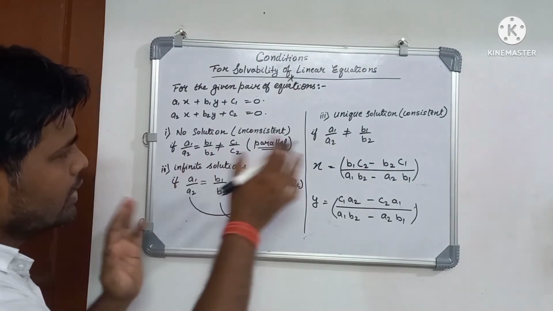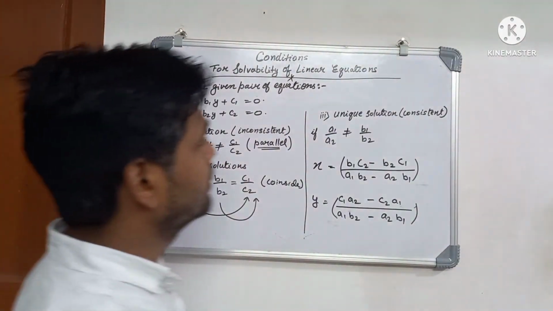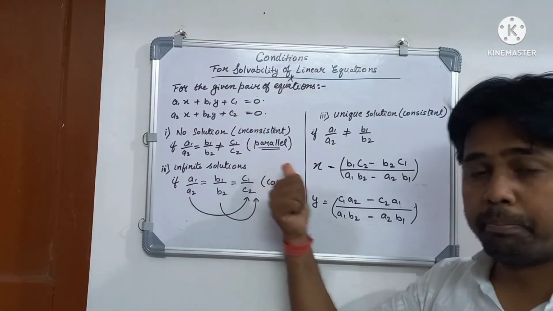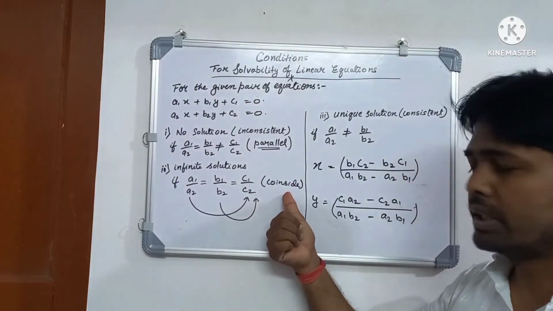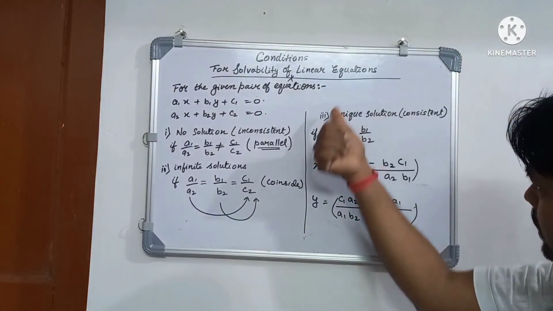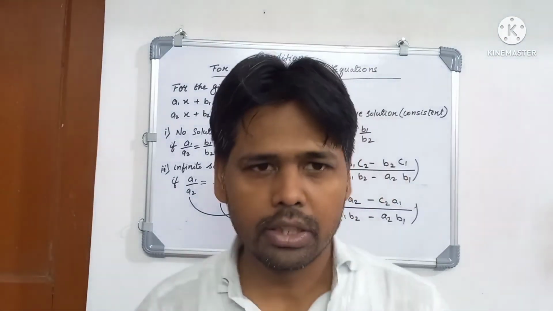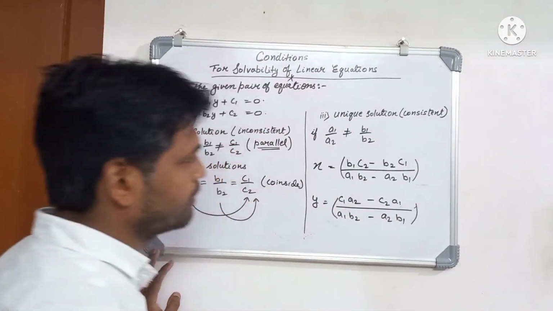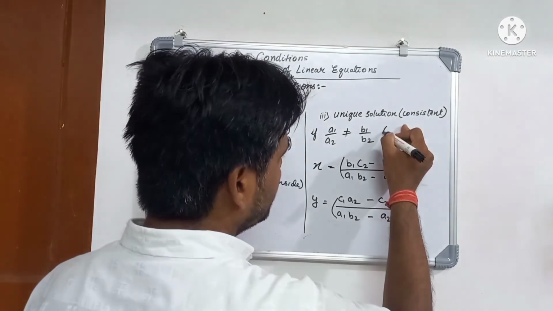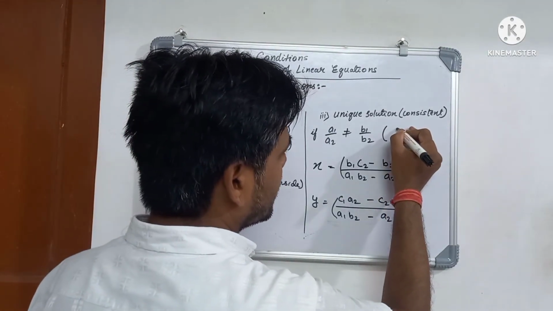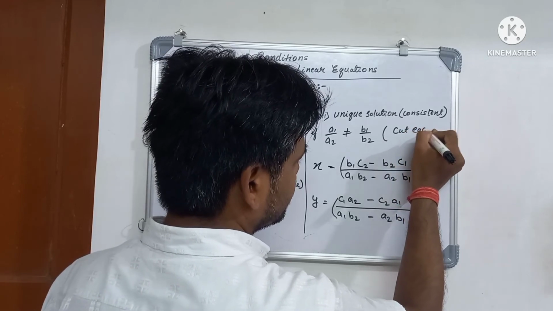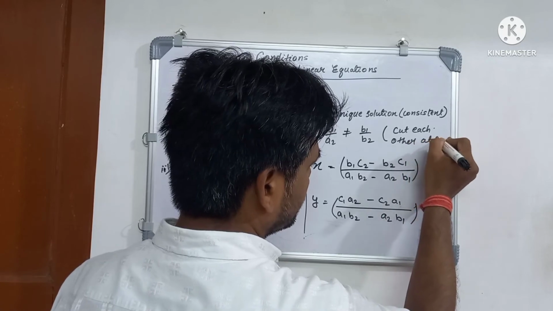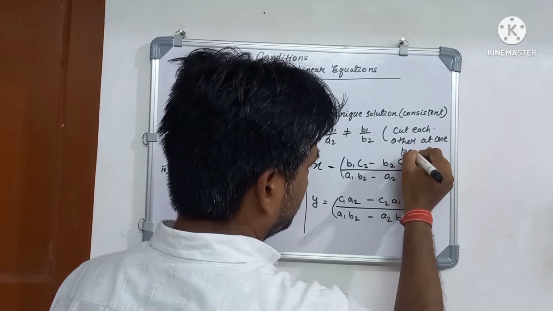So for all these respective conditions for the solvability of linear equations, we would be able to find out whether the graph is parallel, whether the graphs coincide, and whether the equations have a unique solution. That means, whenever it is represented on a graph, we will have only one solution, which means the lines will cut each other at one point.